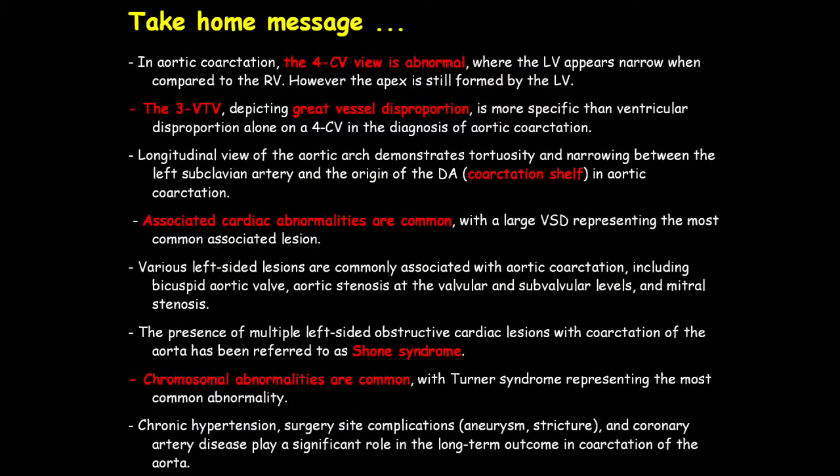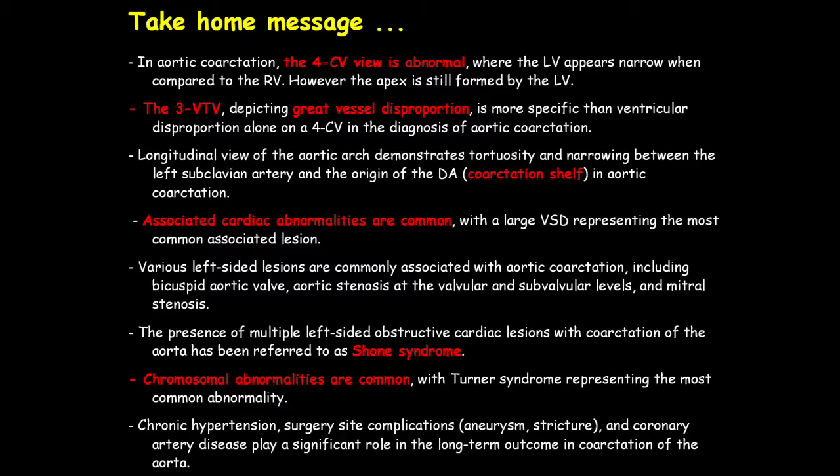To conclude, the take-home message is that aortic coarctation can be suspected at the level of the four-chamber view when you see a discrepancy, but that is not specific. In the longitudinal view of the aortic arch, you can see narrowing of the aortic isthmus, the very typical appearance of the coarctation shelf, which again cannot be seen in every single patient.